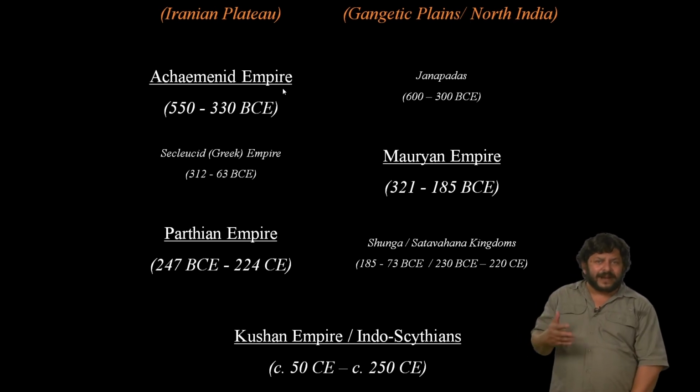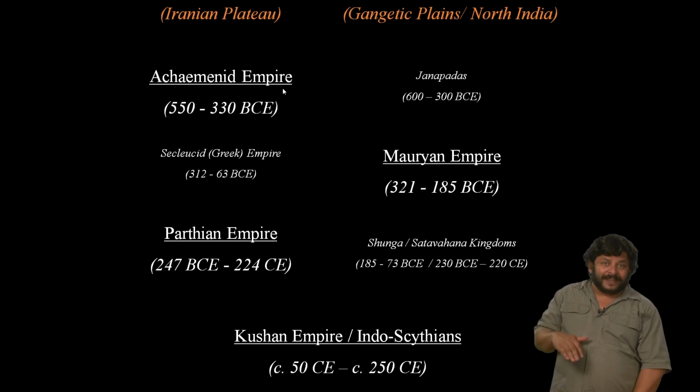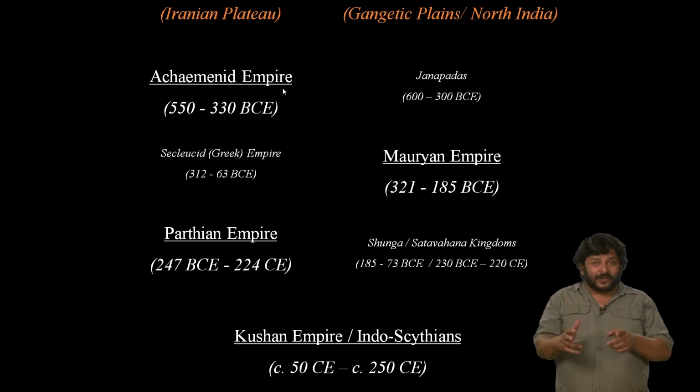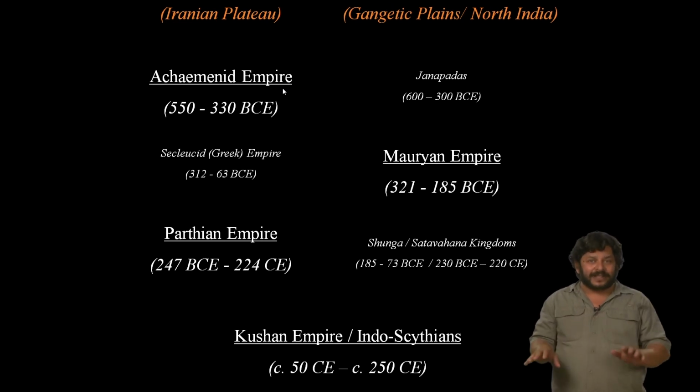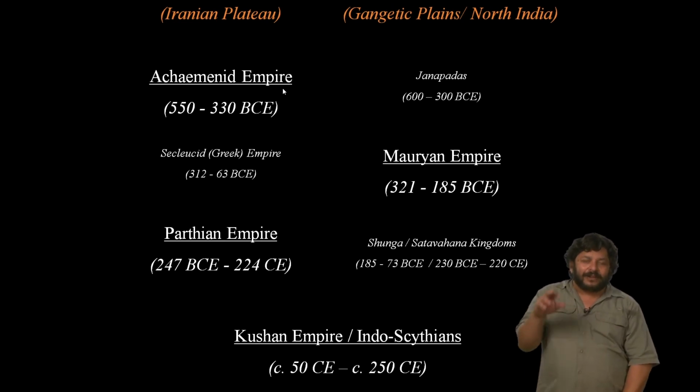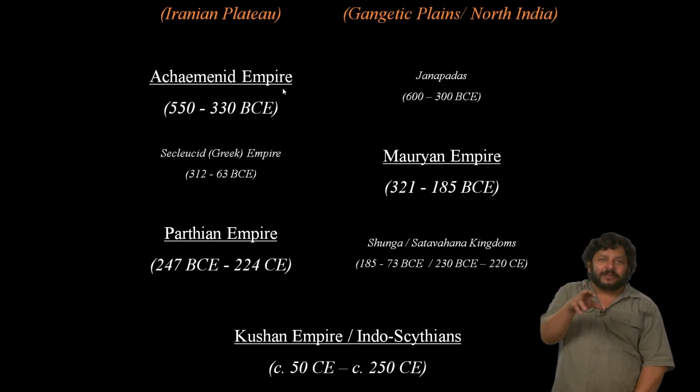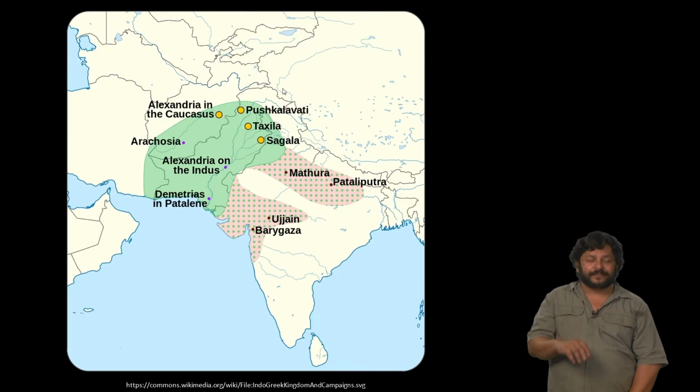Eventually, when the Mauryan Empire goes into decline, you have the Parthian Empire rise in Iran, and the Kushans, who come out of Central Asia, will eventually unite the Iranian plateau and North India into one state formation. But of interest now is what happens to the Mauryas in the immediate aftermath of the Achaemenids.